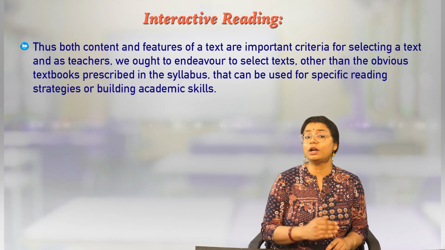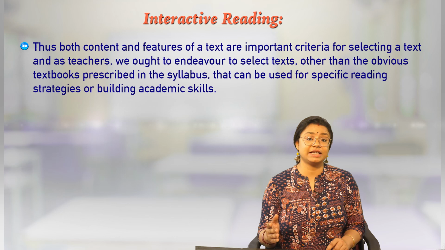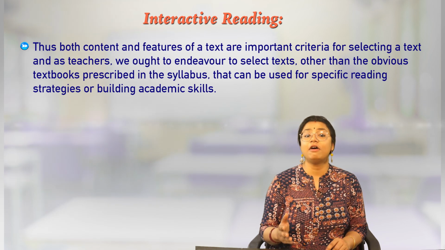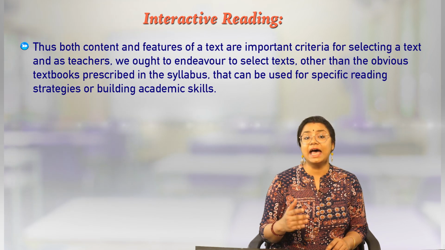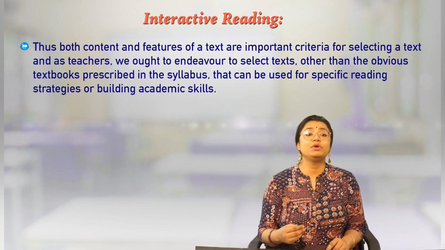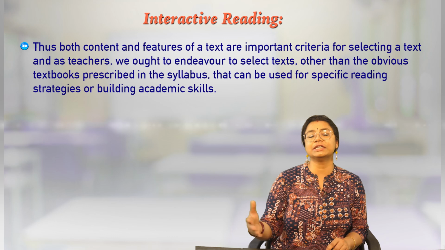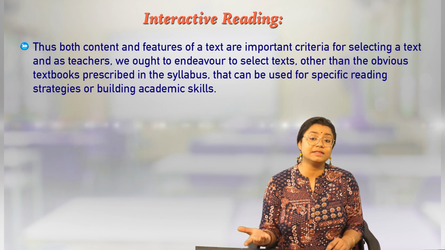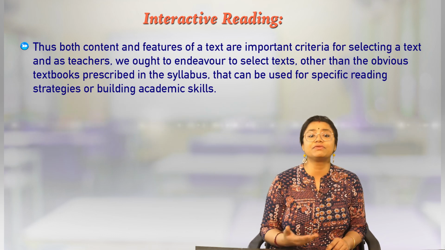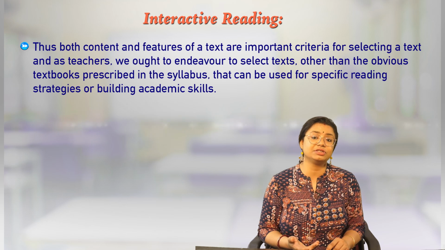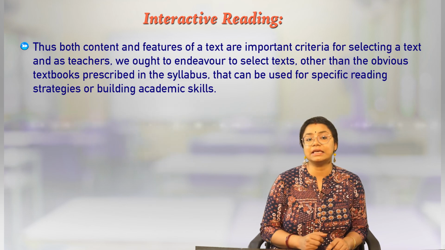Thus, both content and features of a text are important criteria for selecting a text, and as teachers, we ought to endeavor to select texts other than the obvious textbooks prescribed in the syllabus that can be used for specific reading strategies or building academic skills.